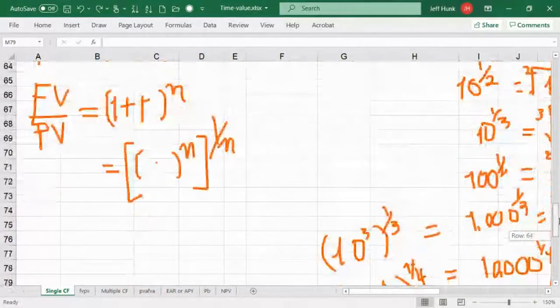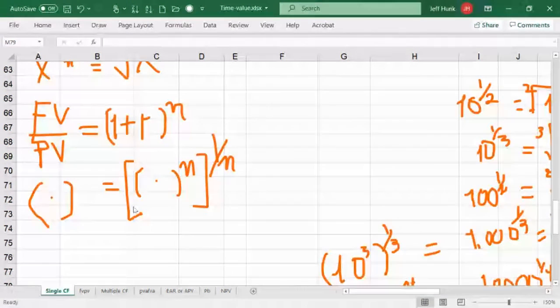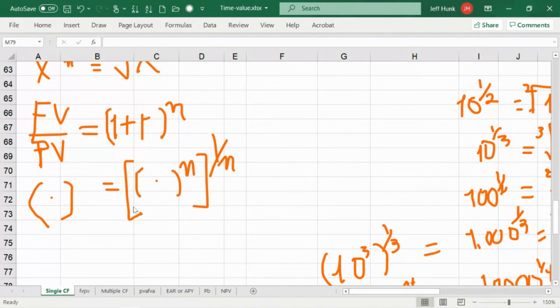The problem is you can't just do that on the right-hand side, because remember, there's an equal sign. That means it's an equation, right? And the equation means whatever you do to one side, you must do the same thing to the other side as well. Otherwise, this equal won't hold.